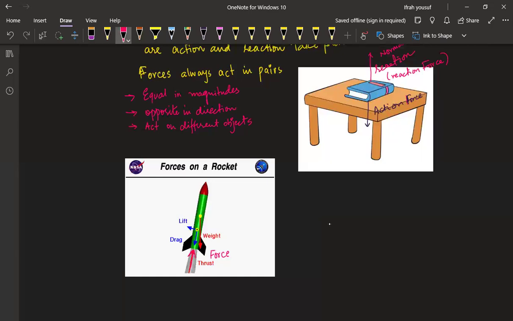Then the force on the burnt gases from the rocket is acting upward, and there's a force that is coming downward, the forces on the rocket.